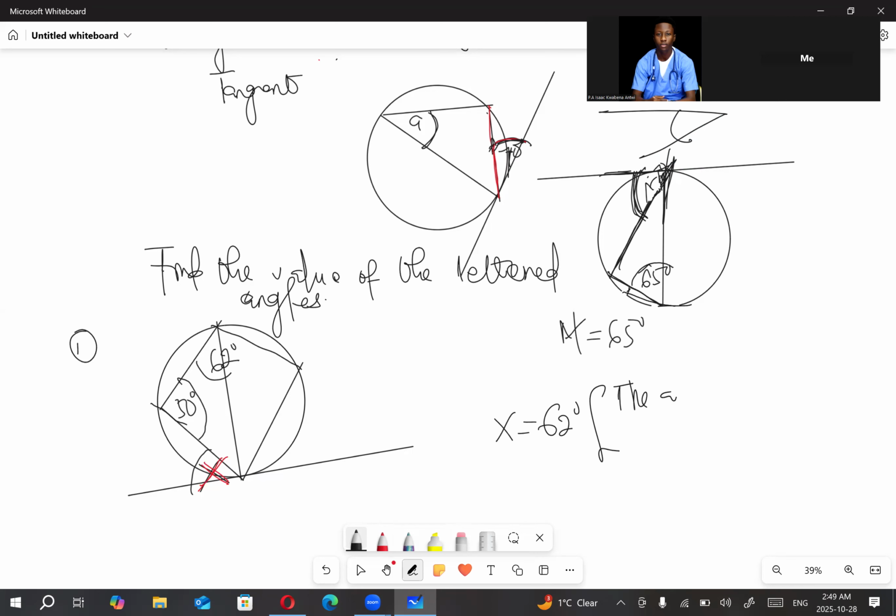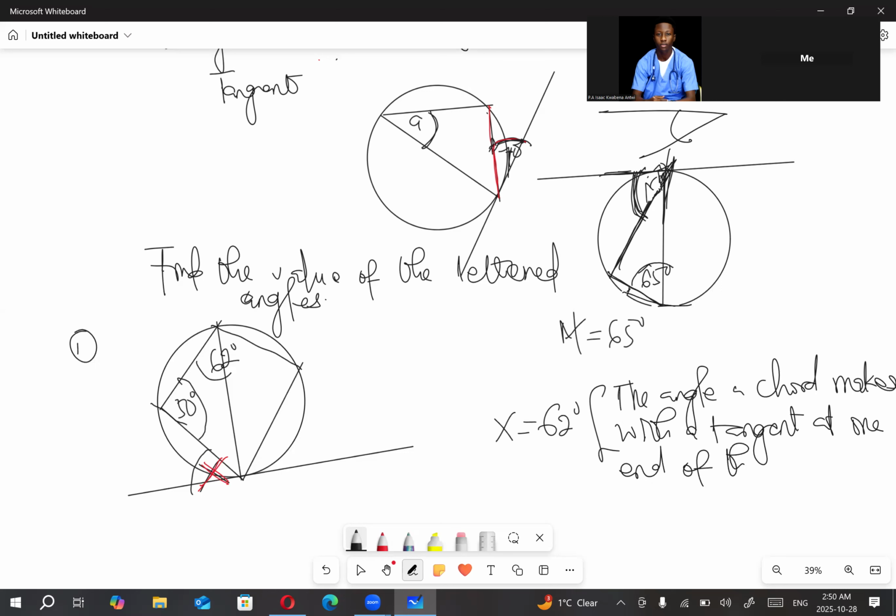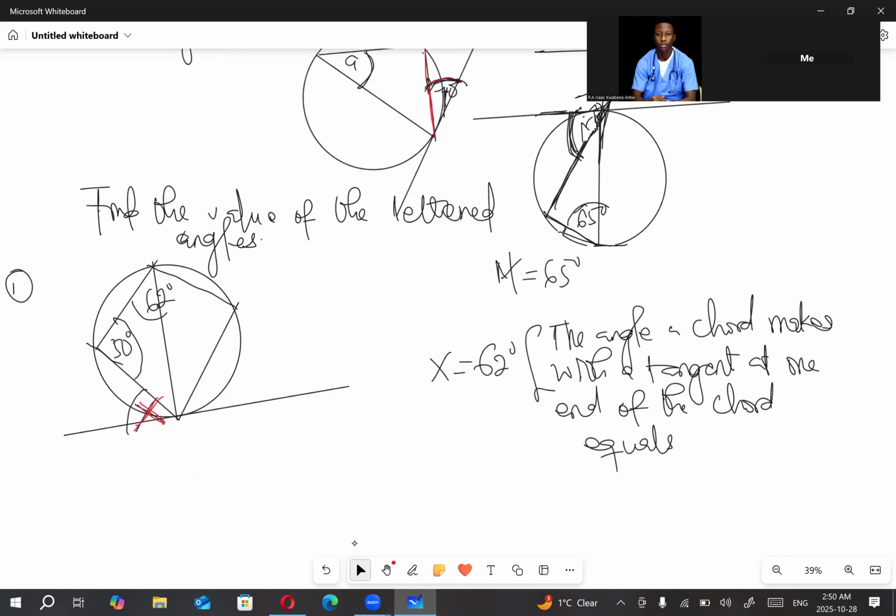The angle a chord makes with a tangent at one end of the chord equals the angle in the alternate segment.